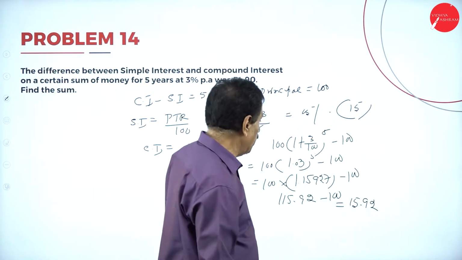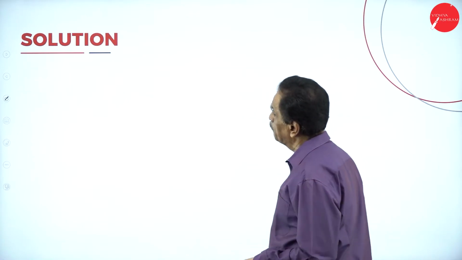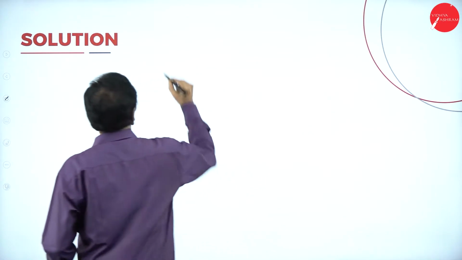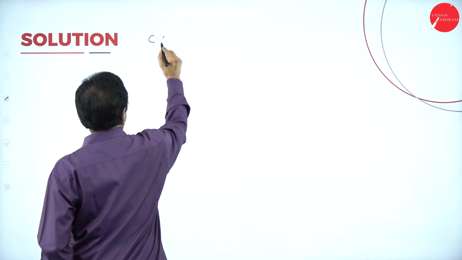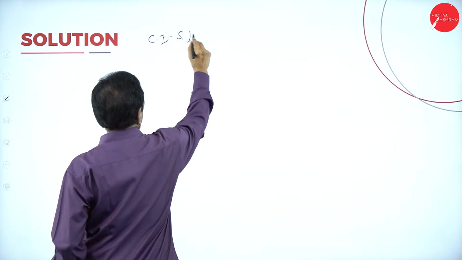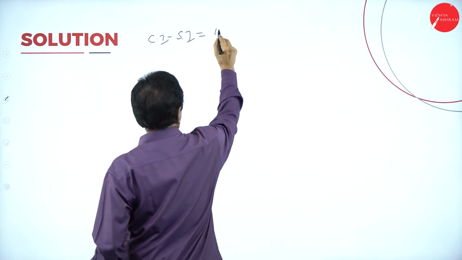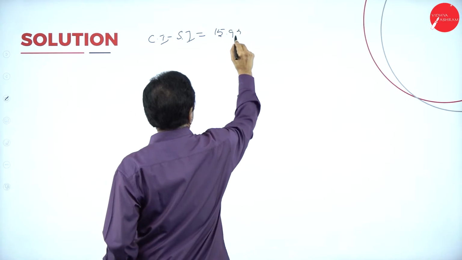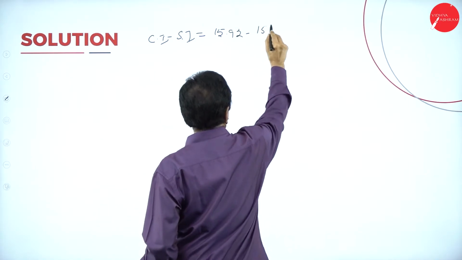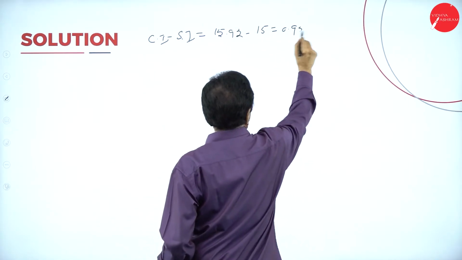Compound interest minus simple interest is 15.92 minus 15, which is 0.92.